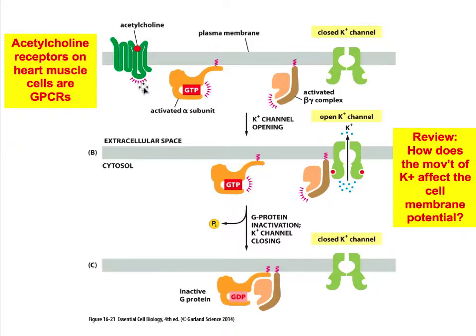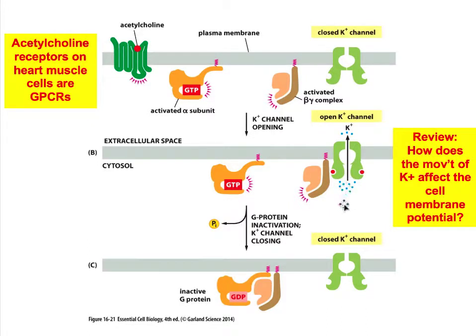This actual example pertains to heart muscle cells, not the pacemaker cells, but the heart muscle cells themselves. So acetylcholine can bind to the receptor on the surface of those cells. And what it does, it activates the alpha and the beta subunits and the gamma subunit. It's the beta and the gamma subunit which then binds to the potassium ion channels and allows potassium to move down its gradient.